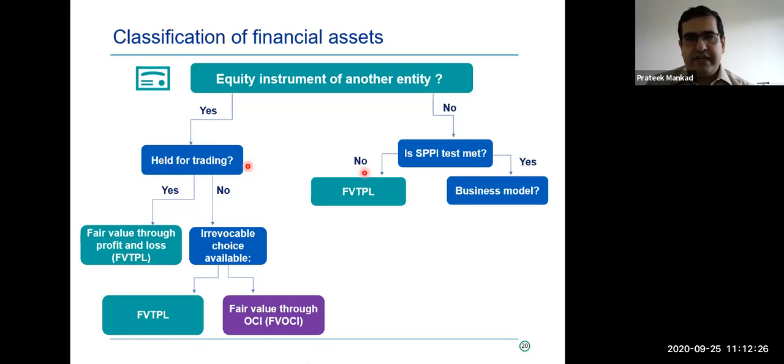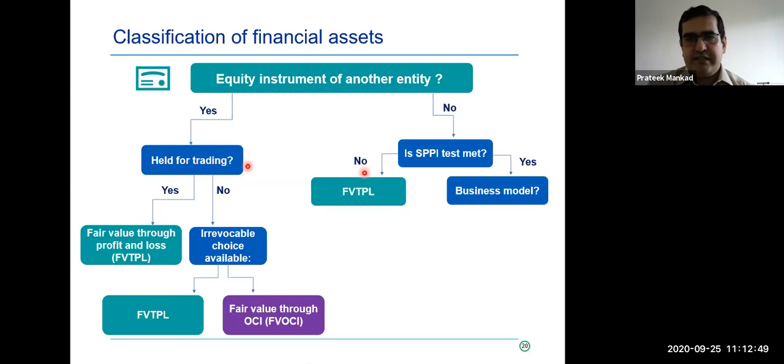If that SPPI test is met, then the standard says step 2, look at what is the business model. Business model basically means how is it that you manage that pool of debt instruments. So if you have a debt instrument that does not have a conversion option, is a plain simple loan or a debt, SPPI will always be met.